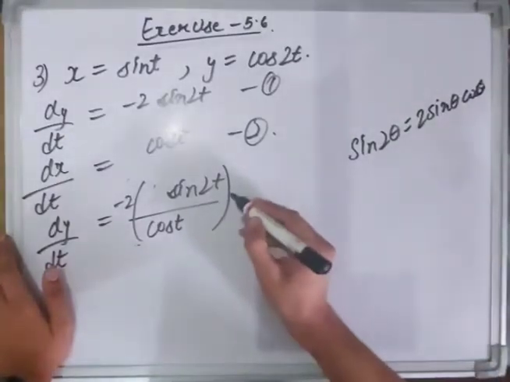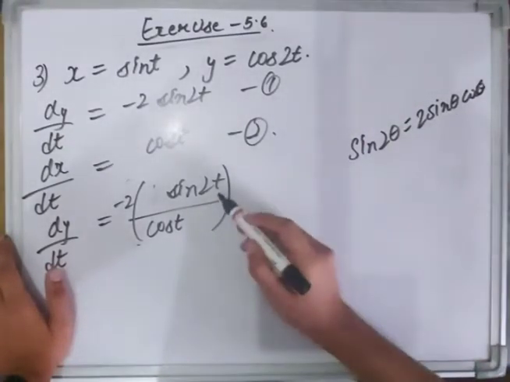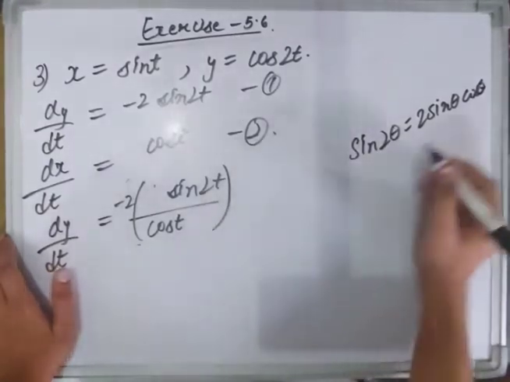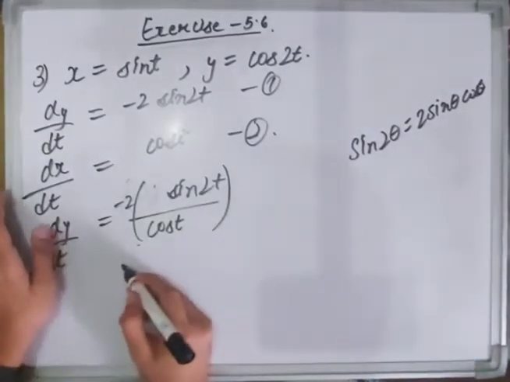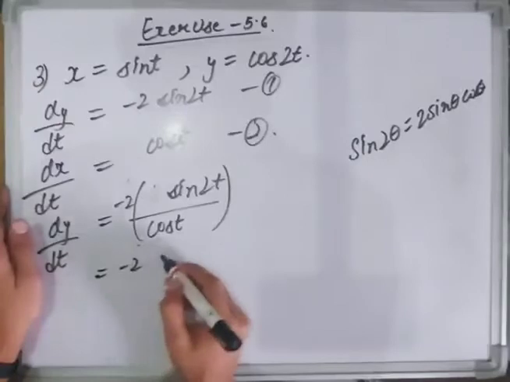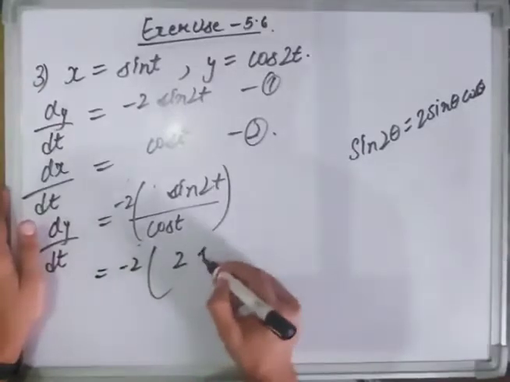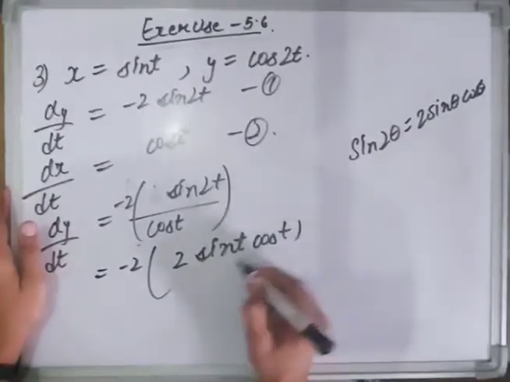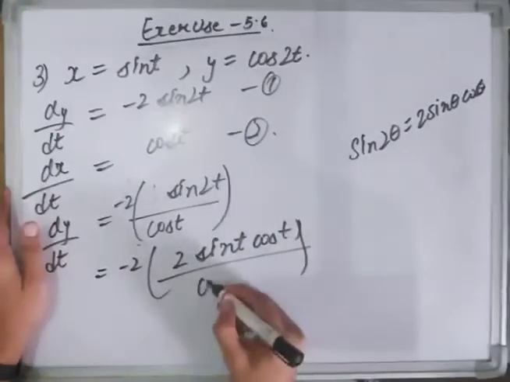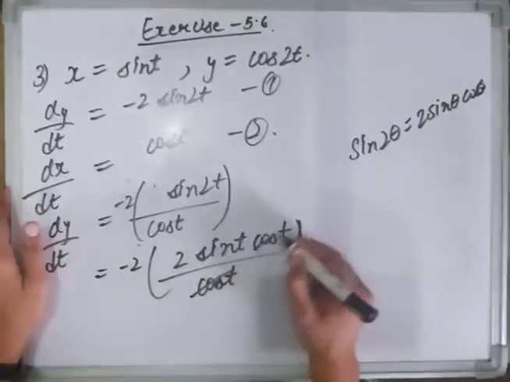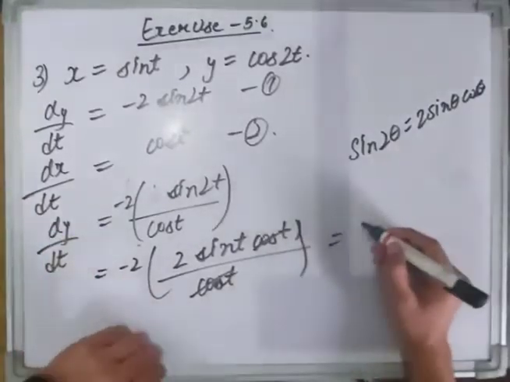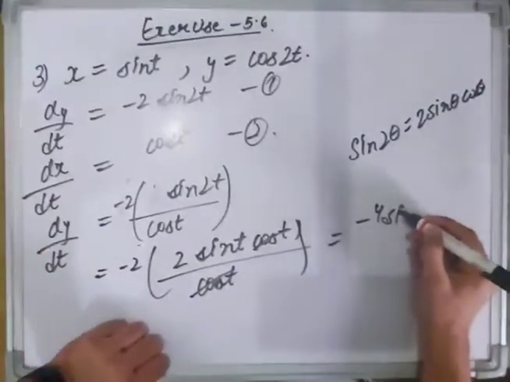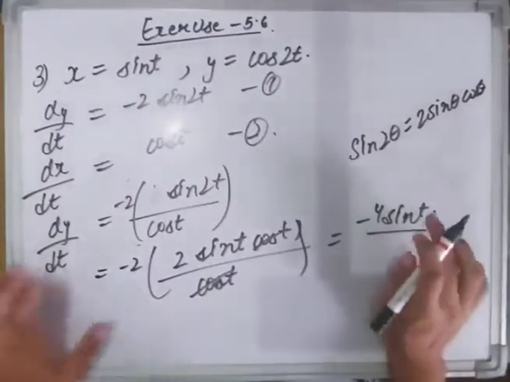Here we have 2t, and we will substitute this theta with t. So here we have minus 2 out, and 2 sin t cos t upon cos t; cos t cancels with cos t, and we have minus 4 sin t. This is the answer of our third question.